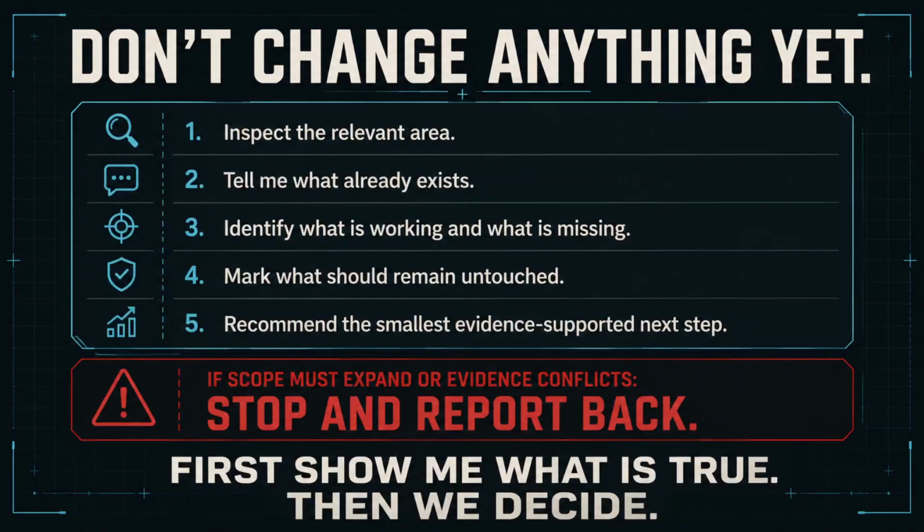And here's how I would actually use this with an AI builder. Before implementation, I will give it the goal we've already defined. I would give it the trusted project context we've already grounded. And then I would say something like, do not make any changes yet. Inspect the relevant part of the project. Tell me what already exists. Tell me what appears to be working.